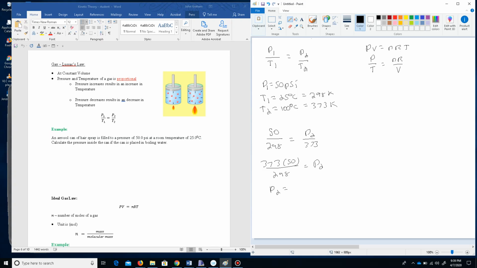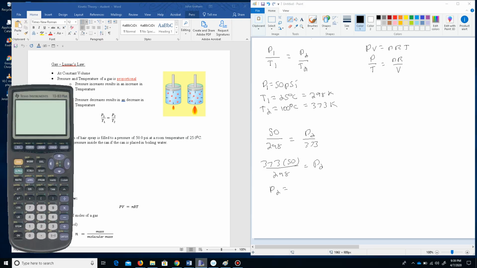So P2 equals 373 times 50 divided by 298. And you get 62.6. And we're looking at pressure. PSIs is what we had, so PSIs is the unit we have.